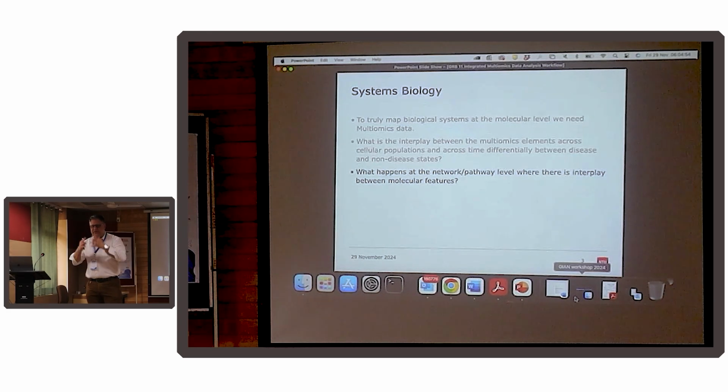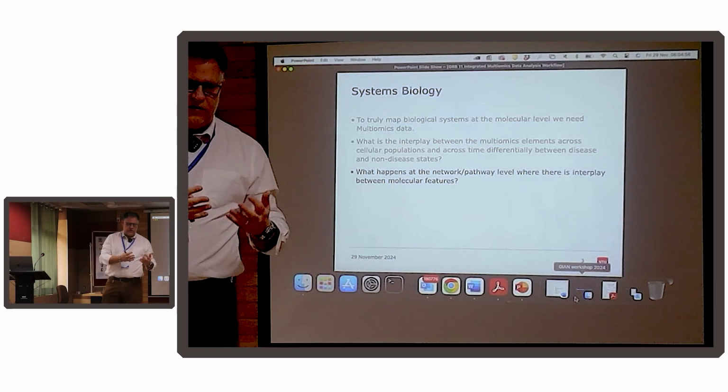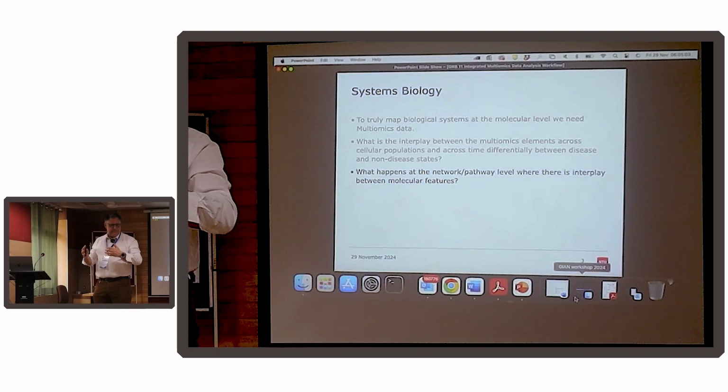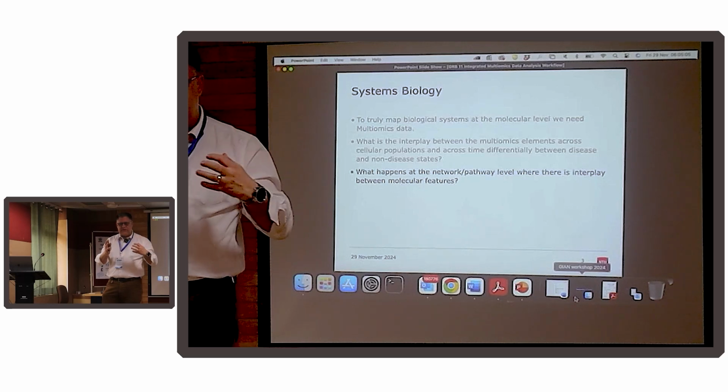Because if we understand the system and how the system changes, we understand the various colours, for want of a better word, of disease, and how that spectrum of disease changes.